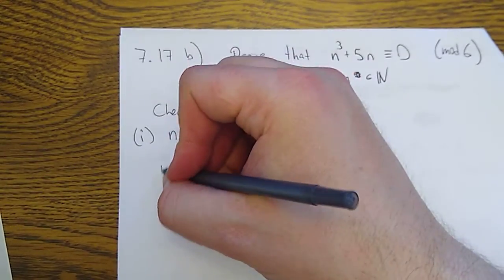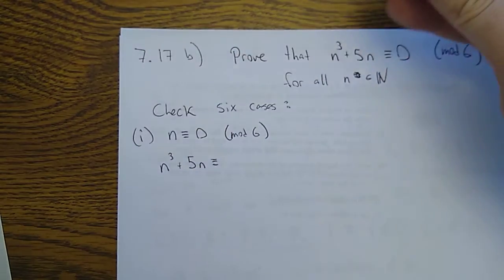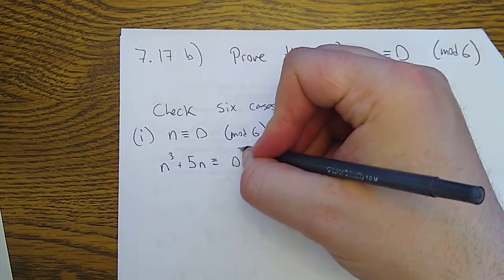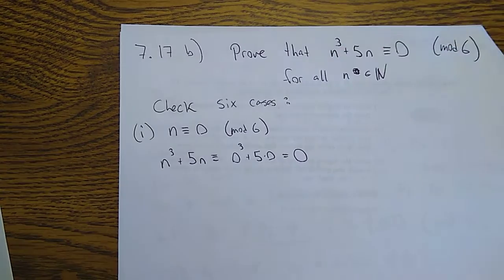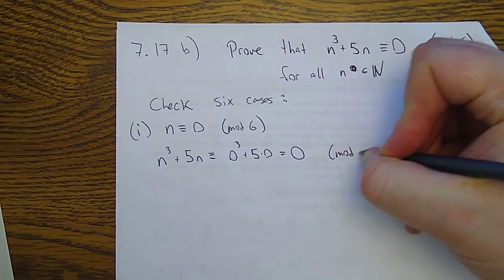And let me check the first one. I get to just put in zeros. That gives me 0. And I got it. It's congruent to 0 mod 6.